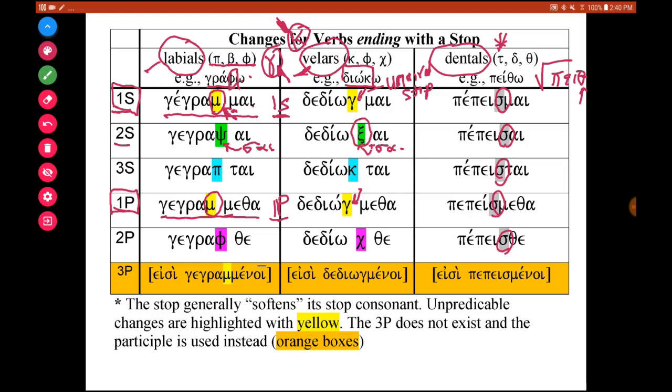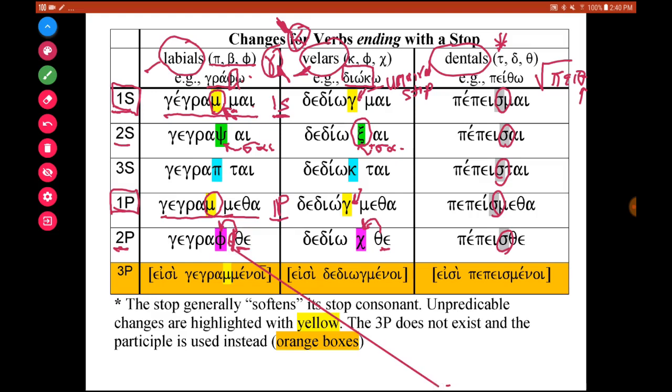And then for the second person plurals, because the ending that's added begins with a theta, it aspirates the stop. So notice that it aspirates the stop. So whatever the aspirate is for the stop, because it's a th sound, what happens is that the sigma drops, and instead, so you're expecting to say sthe, but the sigma drops.